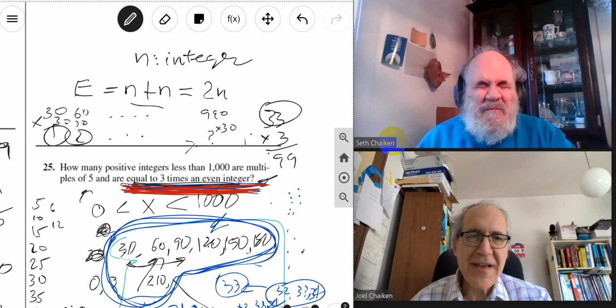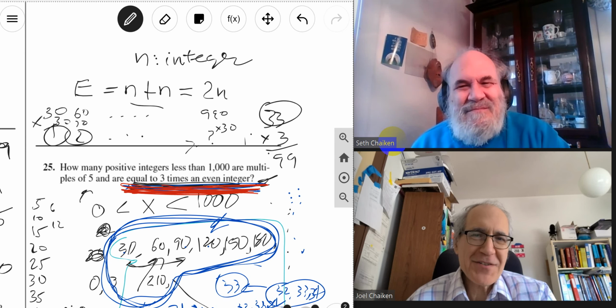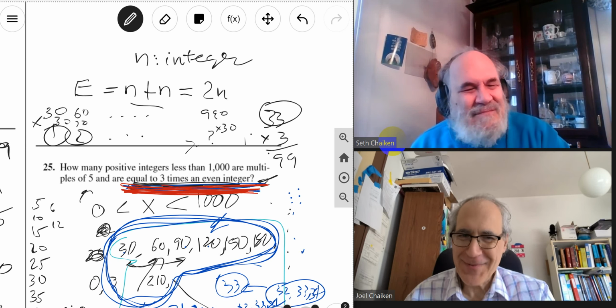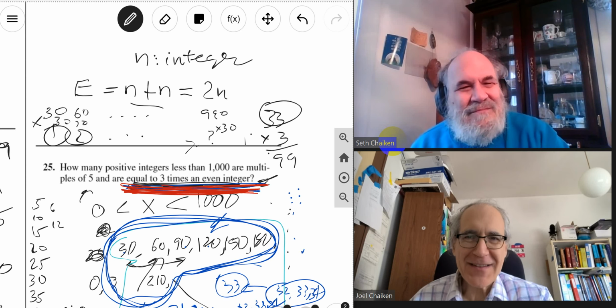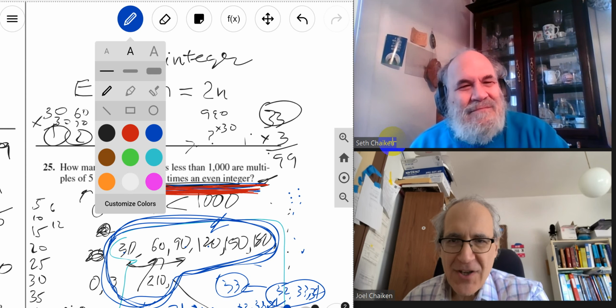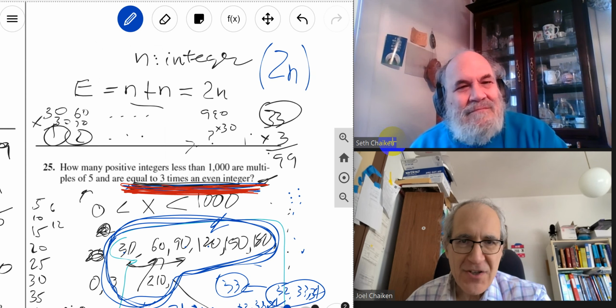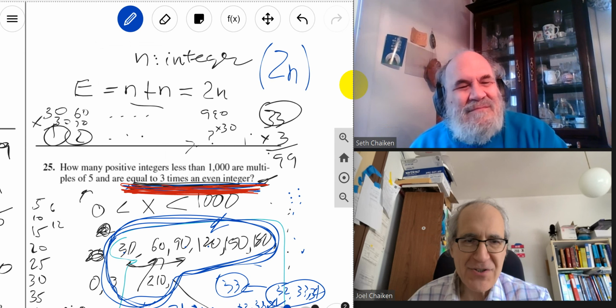Okay, fine. So I'm starting to see what Seth's talking about, but let me try to explain it. Thanks Seth for explaining, I finally understand. An even number can be written as 2 times n, and n doesn't have to be even. An even number is 2 times n, where n is an integer.